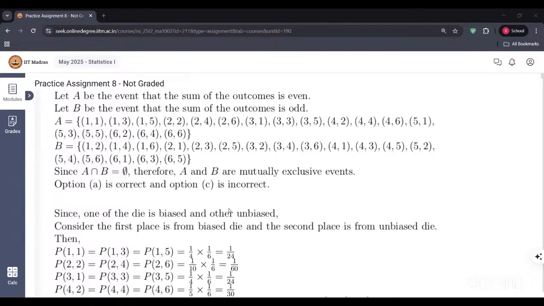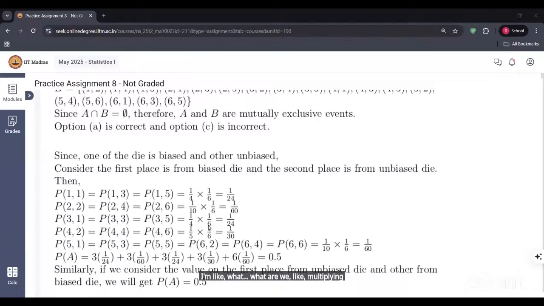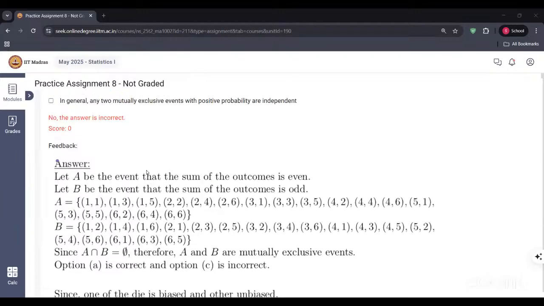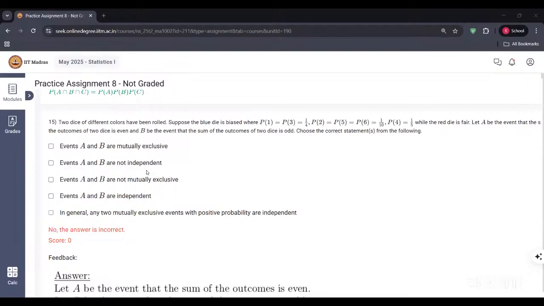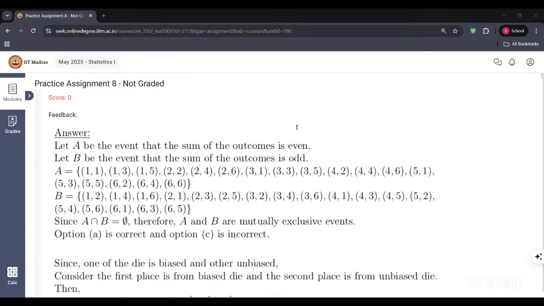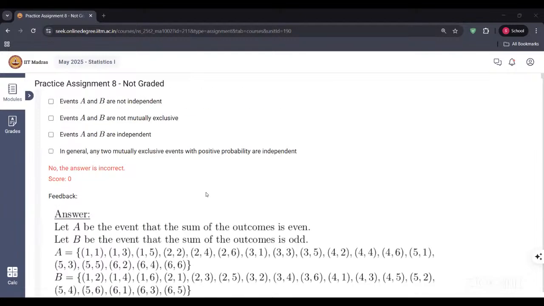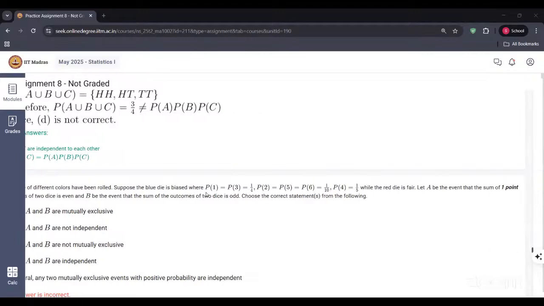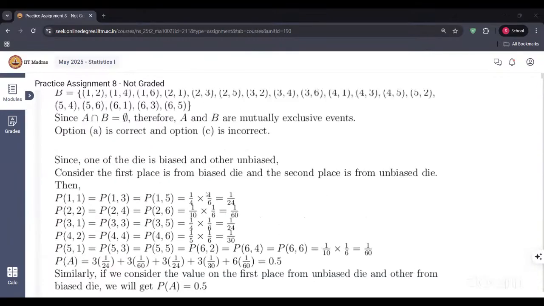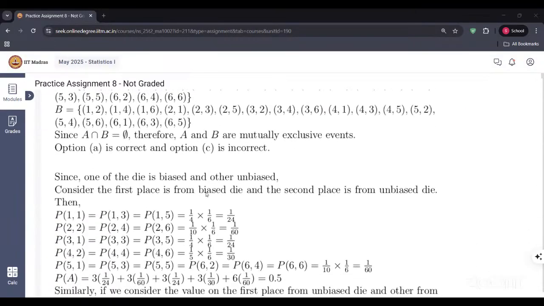I'm wondering, why are we multiplying these probabilities?